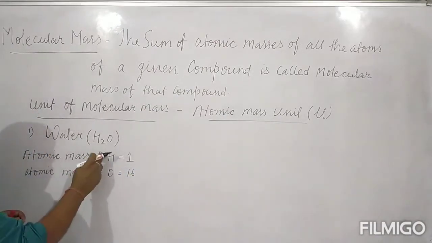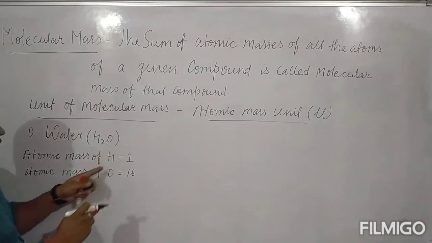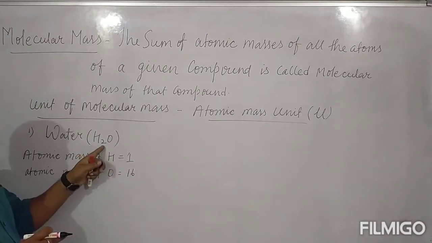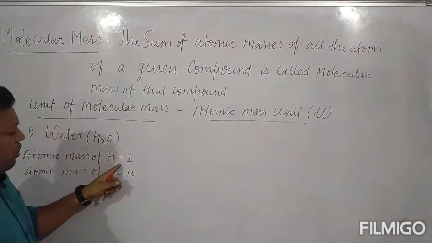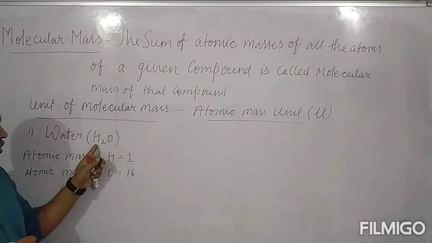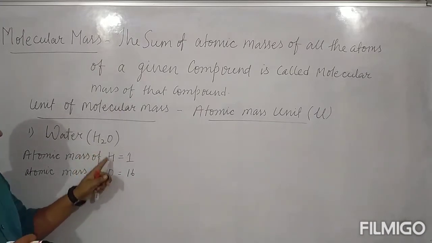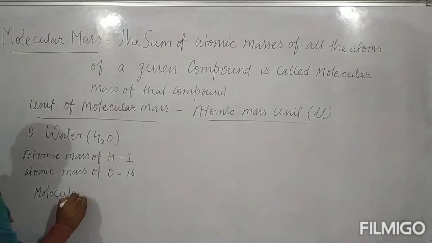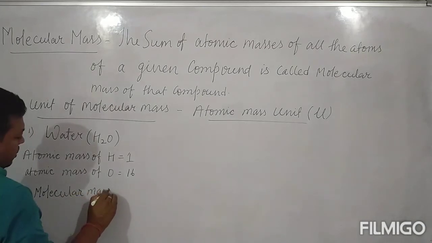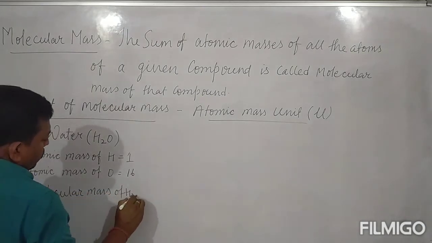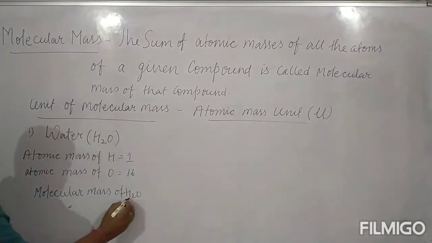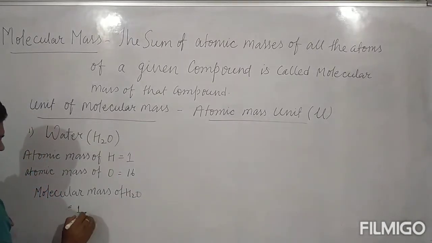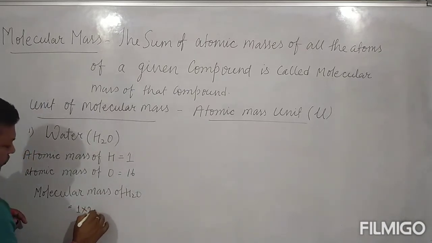And the number of hydrogen atoms in a water molecule is 2. And the number of oxygen atoms is 1. So the molecular mass of H2O will be: H means 1 and the number of hydrogen atoms is 2, so we multiply it by 2.